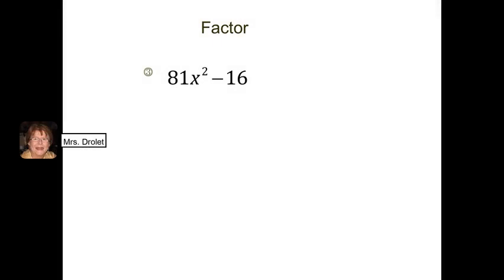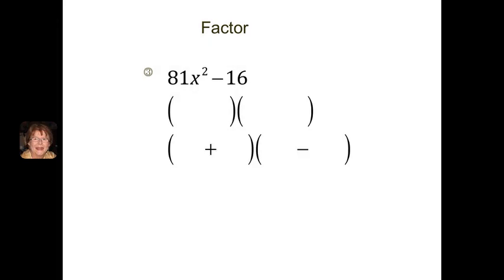How about this one? 81x squared minus 16. Now, after you do a few, of course, you can skip some steps, but I still recommend that you place your 2 sets of brackets, then place a plus and a minus. You're going to have the sum and the difference. Then you find the square root of the first term.